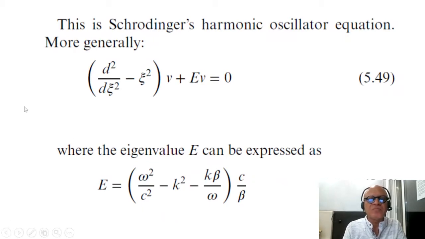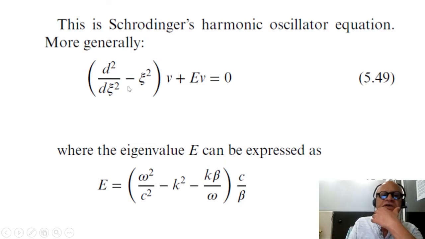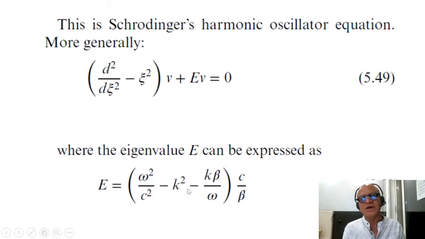So in a general form it can be written as d squared d psi squared minus psi squared times v plus e times v equals 0. So if you are an expert on linear algebra and the whole eigenfunction business, then you know that E here is the eigenvalue E, which can be written as omega squared over c squared minus k beta over omega times c over beta. But you can see the meaning of eigen itself being seen here.